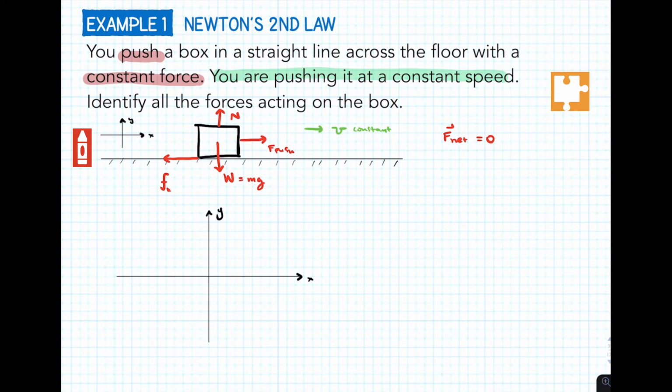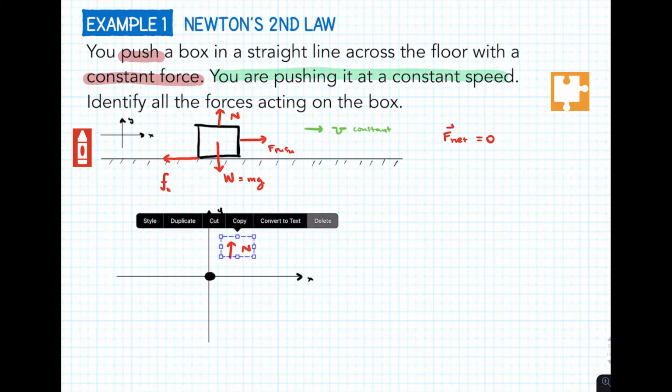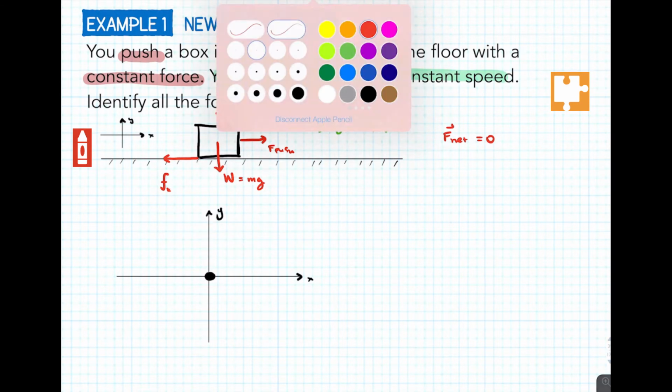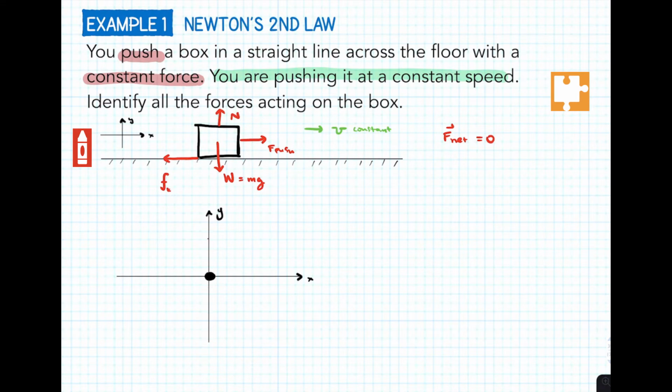We're going to draw our box now as a dot, okay? And then we're just going to take these forces and draw them on the free body diagram. So we'll take the normal force, and I'm not preserving the size of these things, but you get the idea.